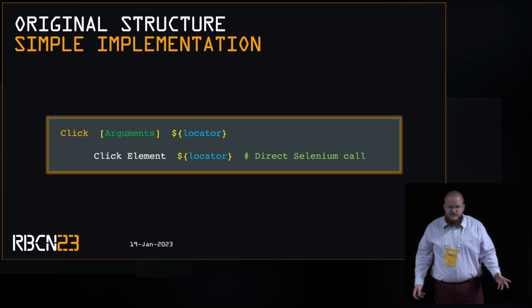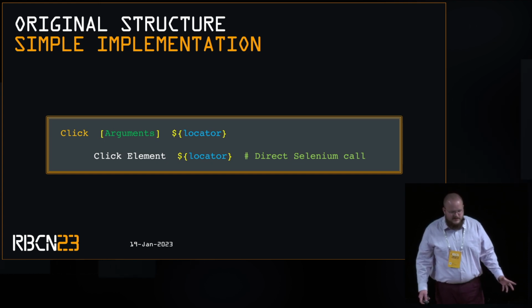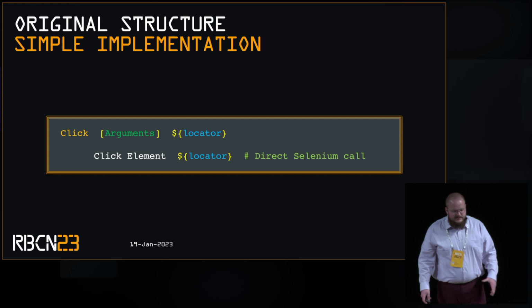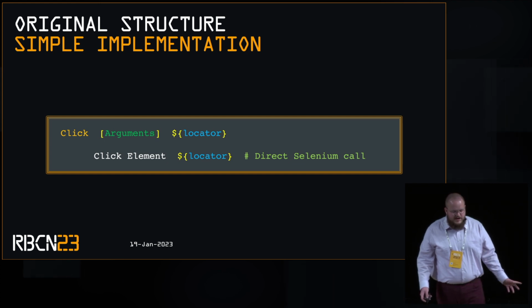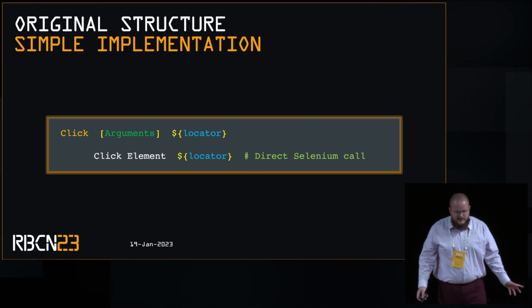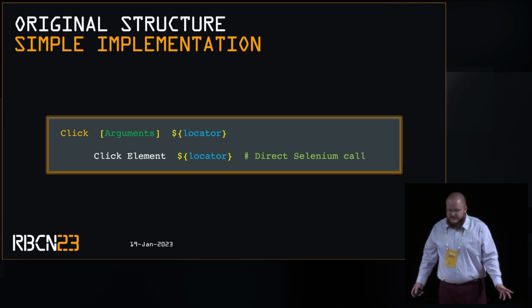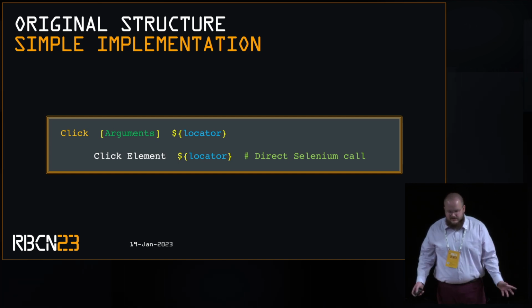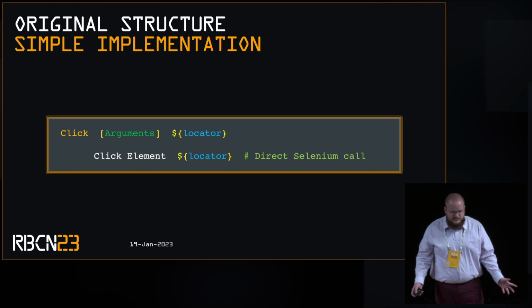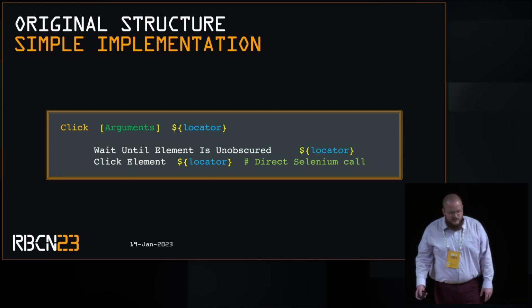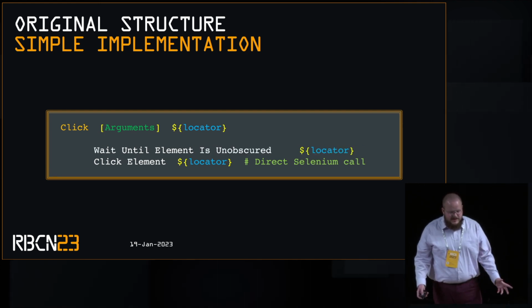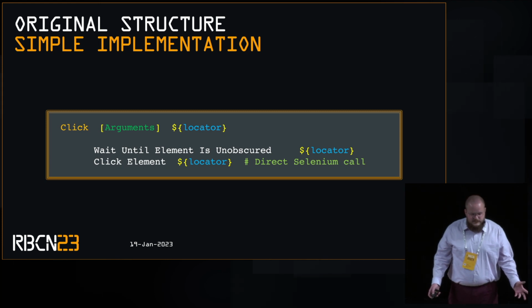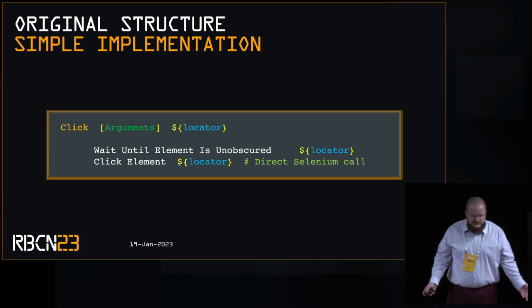Now, let's say that we notice that in a lot of places, our clicks are getting caught up on obscuring elements that are getting in the way of what we'd actually like to click. And we know that they'll disappear after a while, such as the loading panel. Well, we can introduce a keyword such as something called wait until element is unobscured.